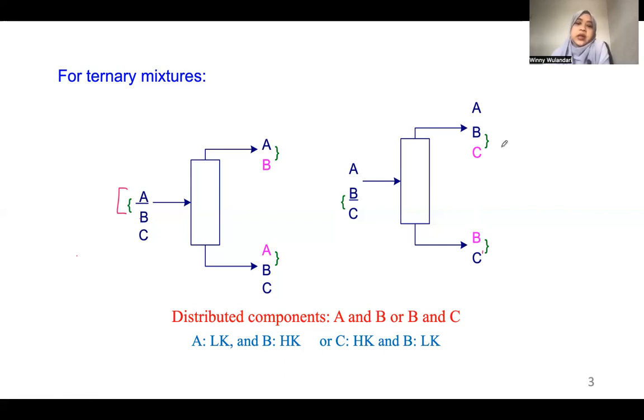In this case, C would be the heaviest component present at important concentration in the distillate, and B is the lightest component that appears in the bottom product. So C is the heavy key and B is the light key. So by changing those pairs of keys, we can have different products and we can have different designs for the distillation operation.